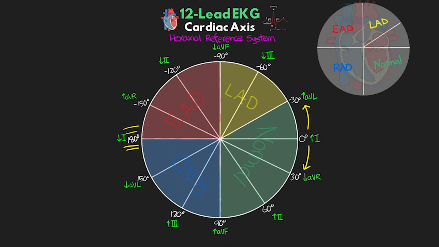We can then superimpose this over our hexaxial reference system, and remembering that I did mention that 0 to negative 30 degrees is what we consider non-pathological left axis deviation, thus making it a part of our normal axis, we can now see how this hexaxial reference system can be used to determine not only the degree of our cardiac axis, but what we would consider it, whether it's normal, left deviated, right deviated, or extreme deviation.